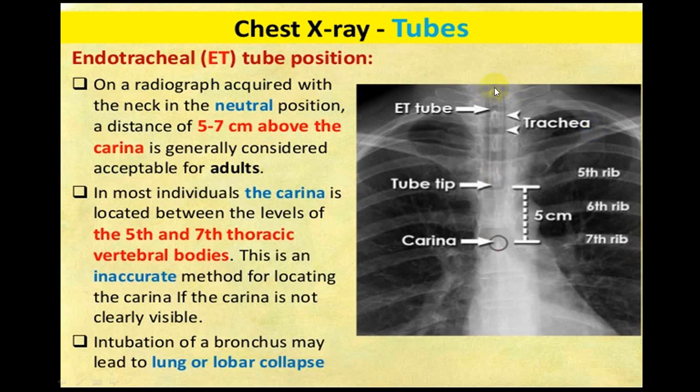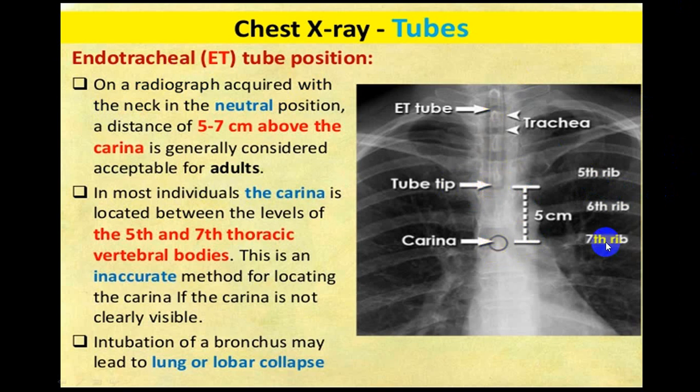If you see any line inside the tracheal shadow, that is usually an endotracheal tube, or sometimes it may be a tracheostomy tube. But to differentiate the two, you will have to watch properly. Now if you look from the carina angle, if the tip is 5 cm above, it is usually an endotracheal tube. By and large we say it should be close to the fifth rib. That is a very common position for an endotracheal tube.